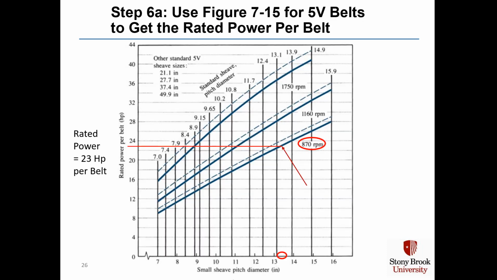We then used figure 7-15 for 5V belts to get the rated power per belt. On the x-axis, we had 13.4 inches for the small sheave pitch diameter. We then read up to the curve for 870 RPM input speed and read across to the y-axis and found that our rated power was approximately 23 horsepower per belt.